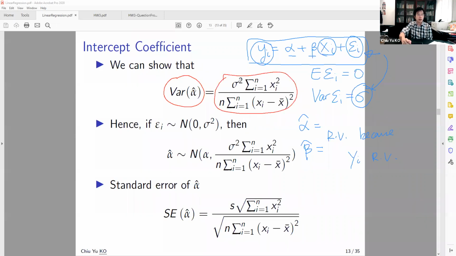If we know the sigma square and the sample size, and this xi we know, we choose it, then we can estimate this alpha hat. Why do I keep alpha hat? Because we can check whether alpha hat is bigger than 0, equal to 0, or less than 0. We can do hypothesis testing, or we can do interval estimation.